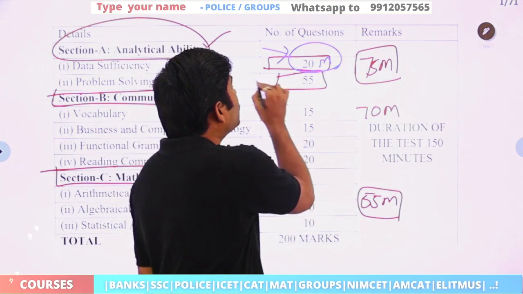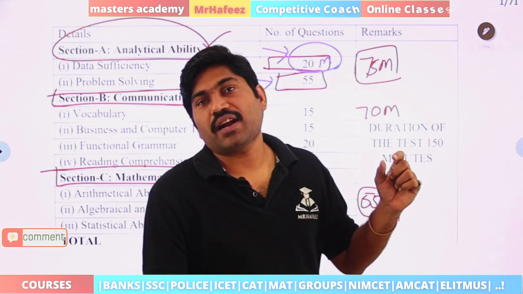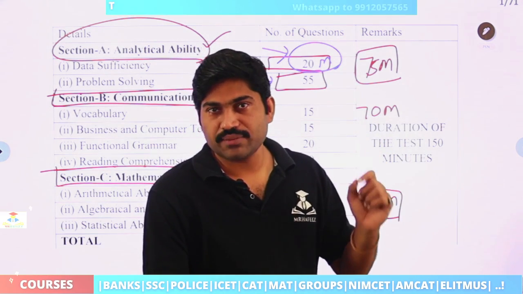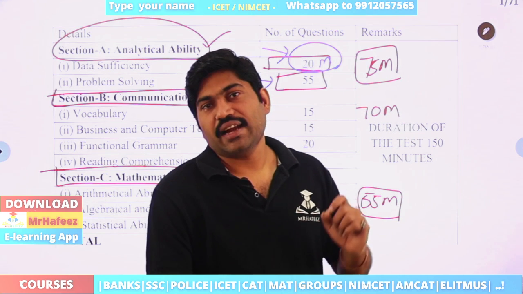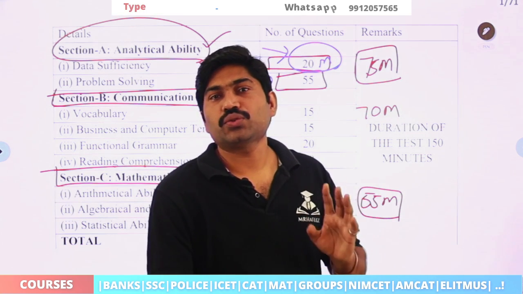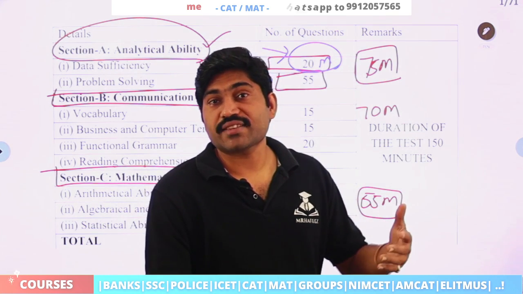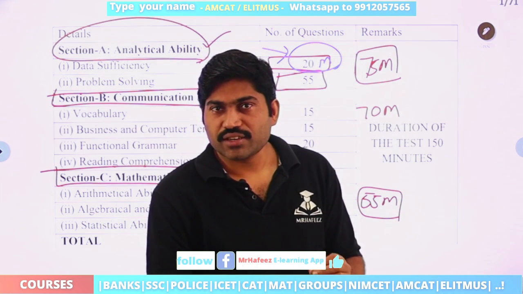And coming to the reasoning part, in the core reasoning part, 1 to 4 blood relations questions will come, nearly 4 number series questions will come, and 1 or 2 coding-decoding questions will definitely come. In a few cases it even comes to nearly 4 questions, so don't neglect it.